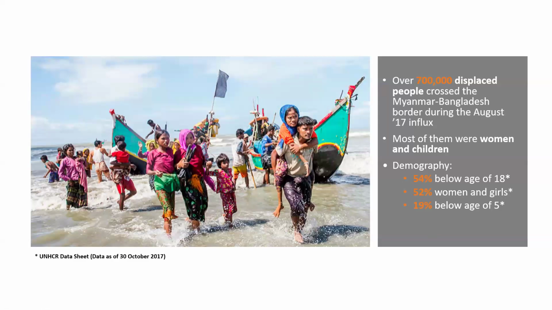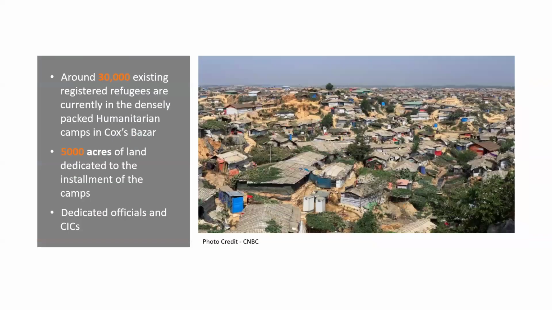In August 2017, over 700,000 displaced Rohingya refugees arrived in Cox's Bazar, fleeing the violence in the state of Rakhine in Myanmar. Most of these individuals were women and children, with around 54% of the population under the age of 18. Cox's Bazar was already hosting a large number of registered and unregistered refugees from Rakhine.